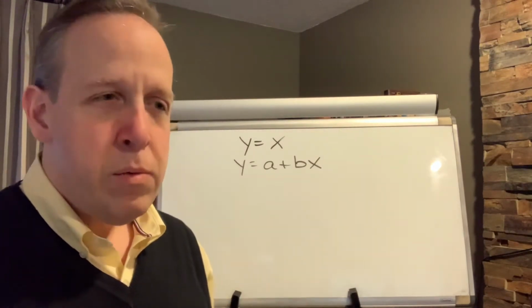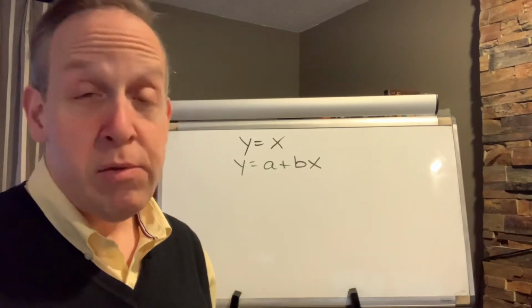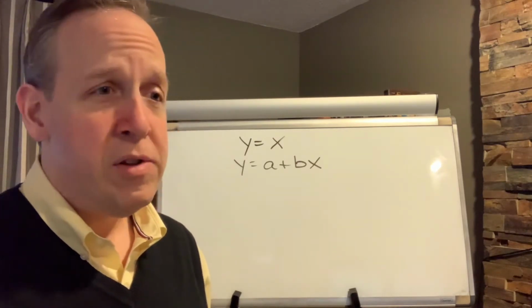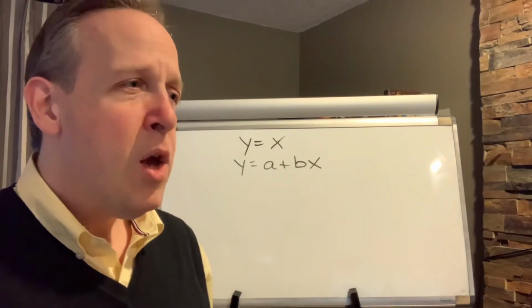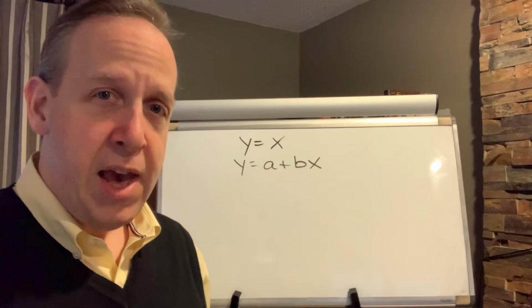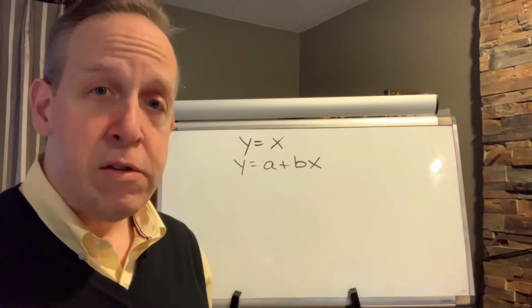We talked about the effect of the A and the B on measures of center and spread back in chapter 3, I think.